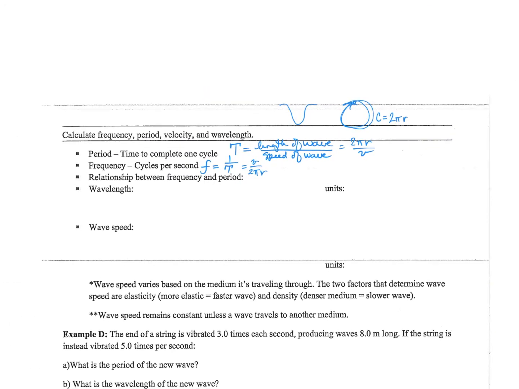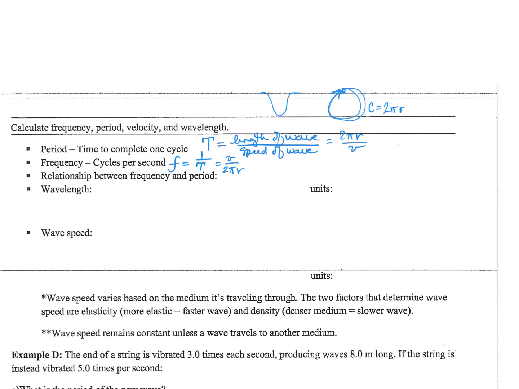Period is in seconds. Frequency's units are 1 over seconds, which is the same as hertz. Okay? Hz is for hertz.